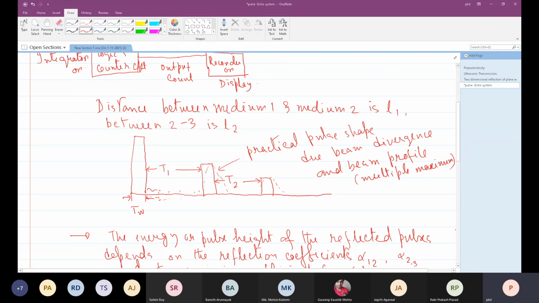The second integrator will operate for another gating time equal to TW, and then for the next pulse launch, integrator one will be opened again and the energy will be summed to the previous integrator energy. Like that, the measurement can be carried out in repeated pulse mode. Repeated pulse mode measurements are also available in modern pulse systems.